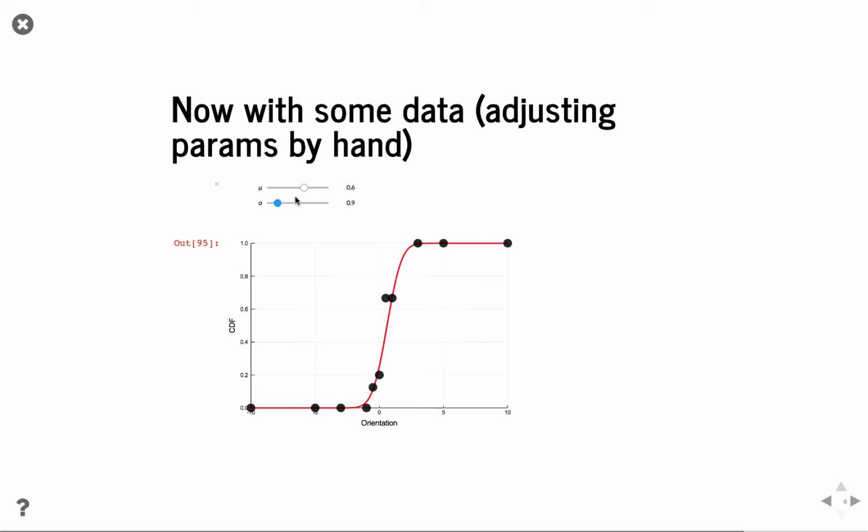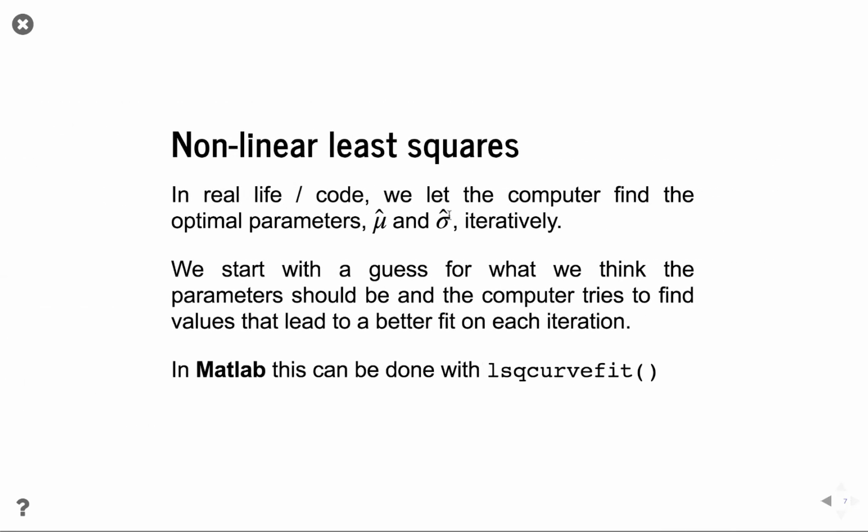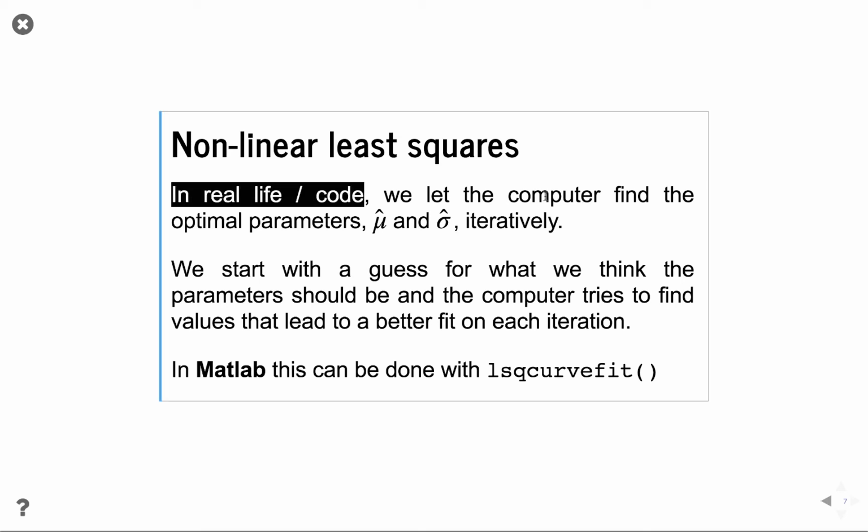I'm doing this here by hand to illustrate to you how these parameters change the shape of these functions. But of course, we want the computer to do this for us. So in real life, when we code this up, we let the computer find the optimal parameters mu and sigma in an iterative process, and the general idea is called nonlinear least squares.